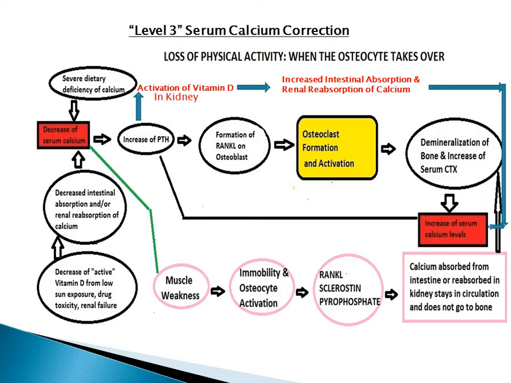So loss of physical activity, loss of weight bearing, stress on bone leads to rank ligand elevation, but the sclerostin may actually play a role in stimulating rank ligand production, as well as the electromechanical factors. Pyrophosphate accumulates, and this pyrophosphate inhibits demineralization of bone.